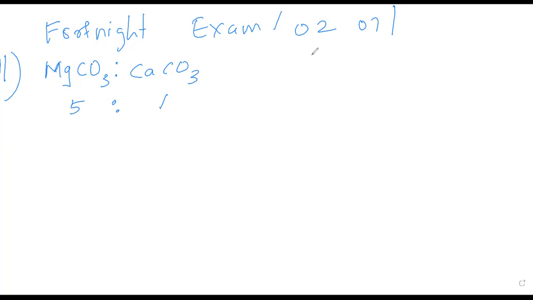So what is the volume of CO2? 134.4 decimeter cube at standard temperature and pressure. You have to find the mass of the carbonate mixture heated.